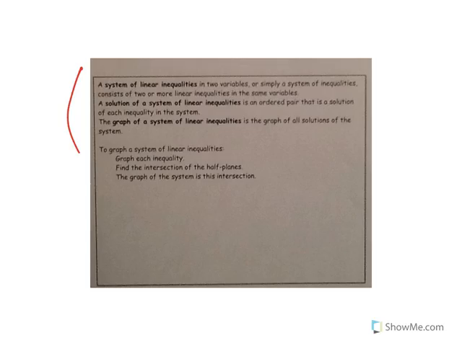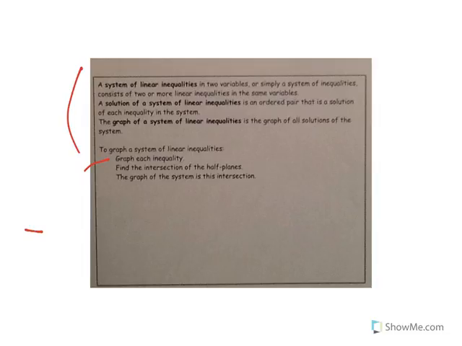So let's go back here. The graph of the system of linear inequalities is the graph of all solutions of the system, and that's what I just pointed out. So basically what you do is, first of all, you graph each inequality. Graph them as if they're lines, and that's the very first step.